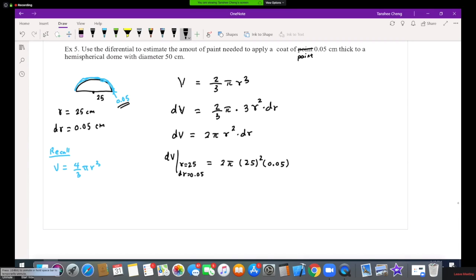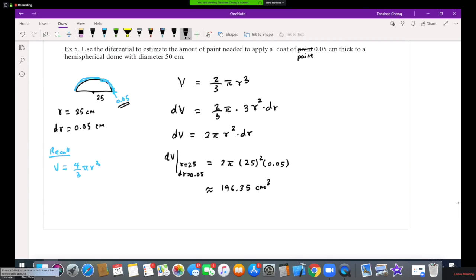Approximately, if we use a calculator, this will give me approximately 196.35 centimeter cubed. So now we found the volume needed to have one coat of paint with the thickness of 0.05.